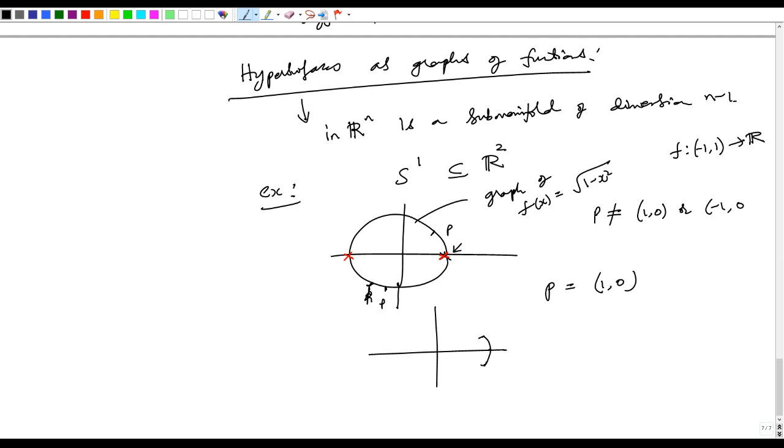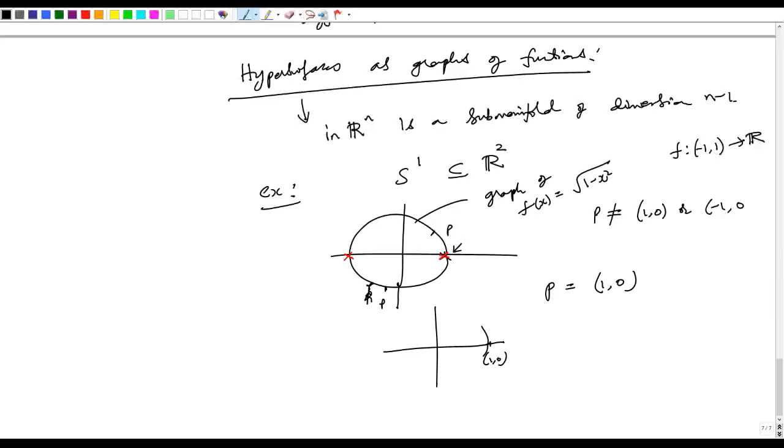More importantly, I get a portion of a curve which cannot be the graph of any function at all, simply because vertical lines, so this is (1, 0), vertical lines will intersect the curve two times. That violates the criteria for being a graph. So this says it cannot be a graph of a smooth function over the x-axis.